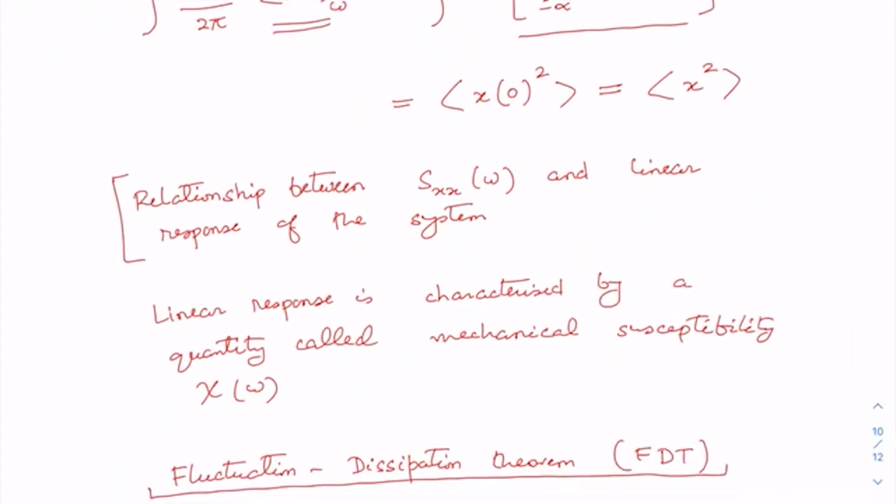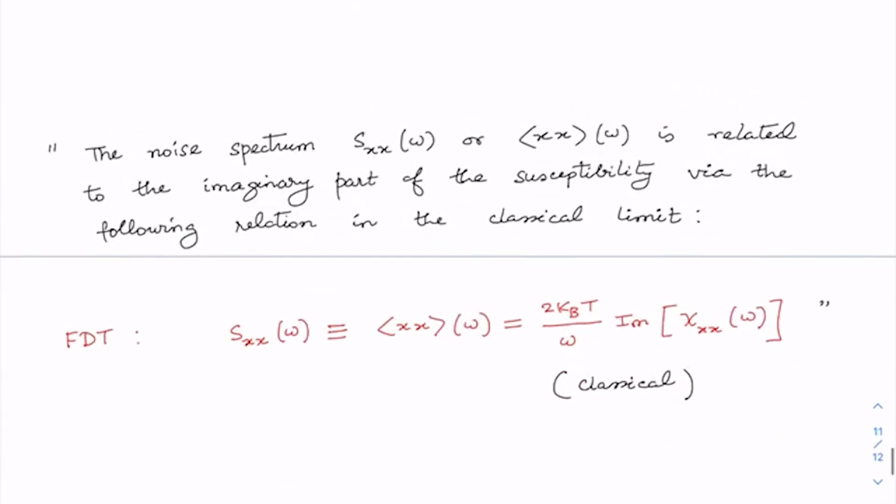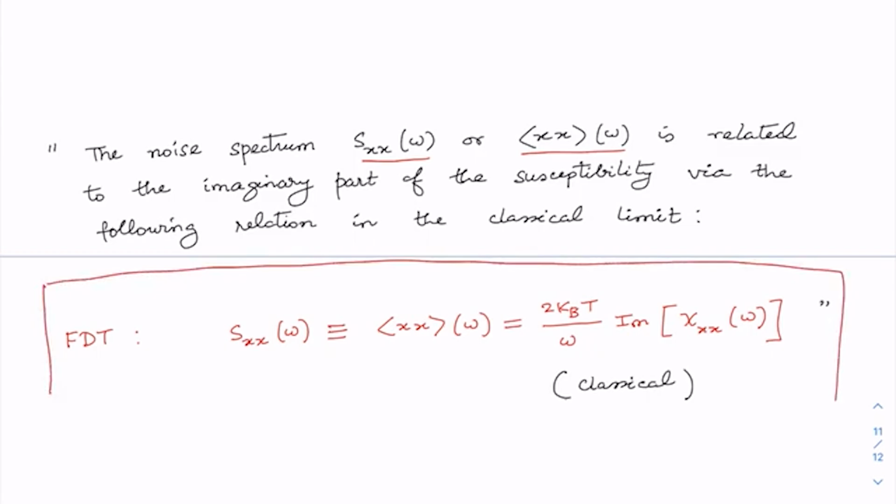The fluctuation dissipation theorem, or FDT in short, could be stated as follows. The noise spectrum Sx omega, also denoted by xx of omega, is related to the imaginary part of the susceptibility via the following relation. This relation is given in the classical limit.